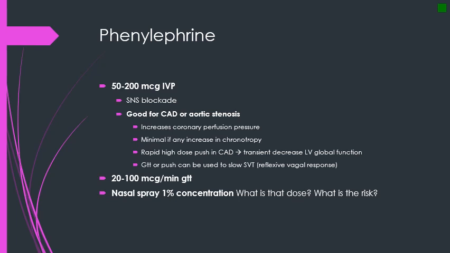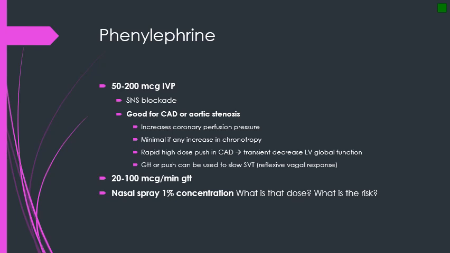It can be utilized as a drip. You just mix it in some normal saline, or it can be pushed, as I said earlier, and it does slow the heart rate. It does produce that reflexive vagal response, and you can use it actually to slow a patient down that's in SVT if they're hypotensive.